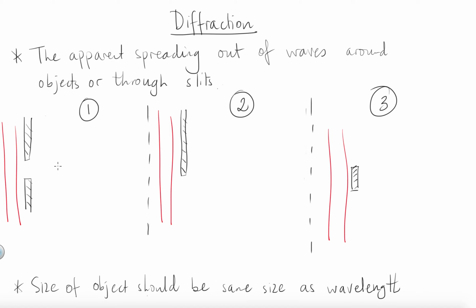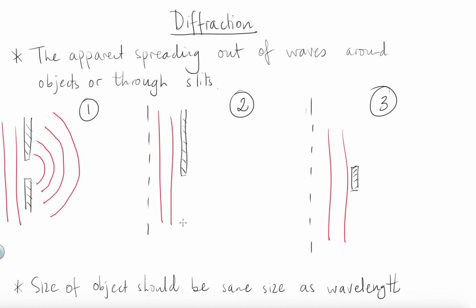So when this planar wave arrives at the slit, what happens is it apparently spreads out, so it brings a planar wave to a circular wave. The wavelength will still be the same, but the wavefronts will be semicircles instead.